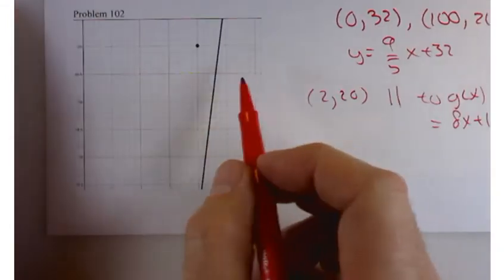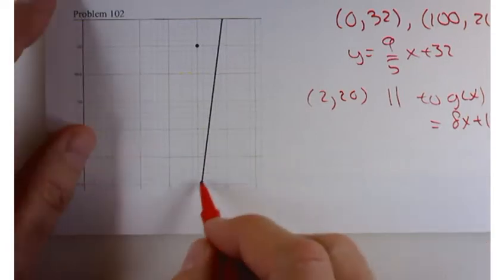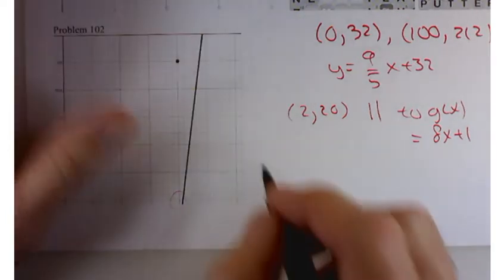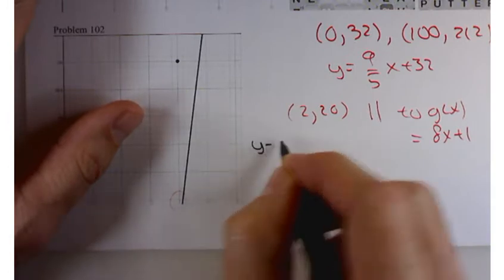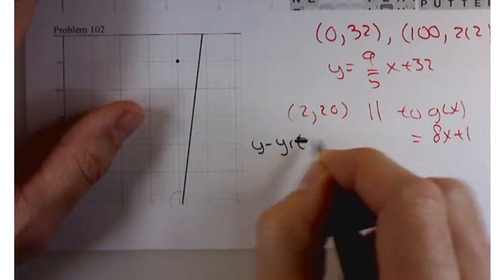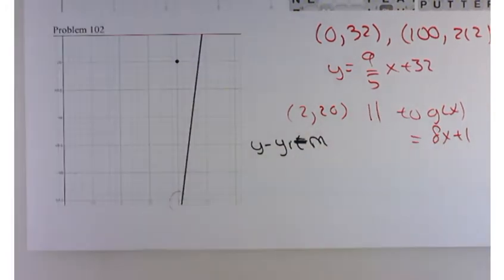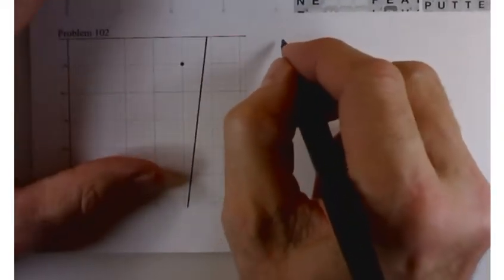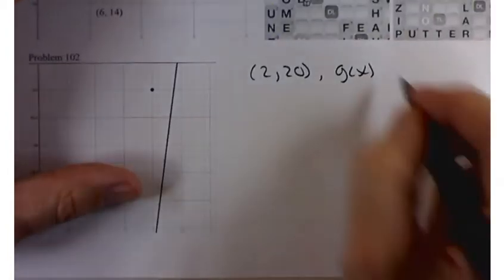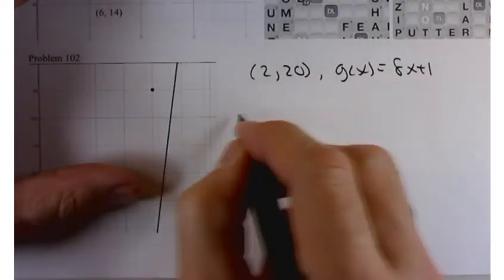Here's the point (2, 20) on this scale. You might notice that there's a 2 down here at the bottom. There's two things you're going to need to know to find the equation of a line. We need the point: y minus y1 equals m times x minus x1. Let's do it on this. So our point again is (2, 20), and g(x) is 8x + 1.